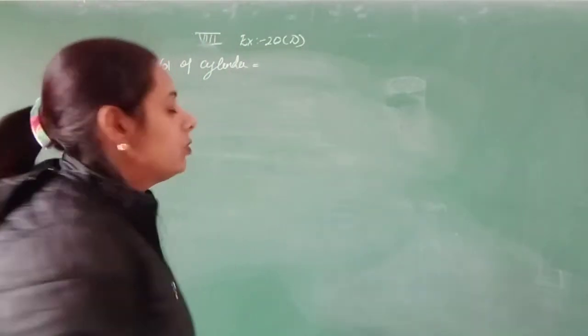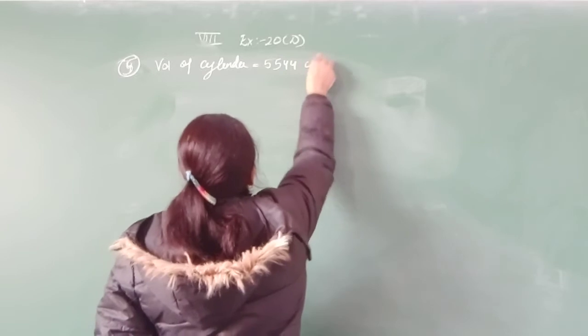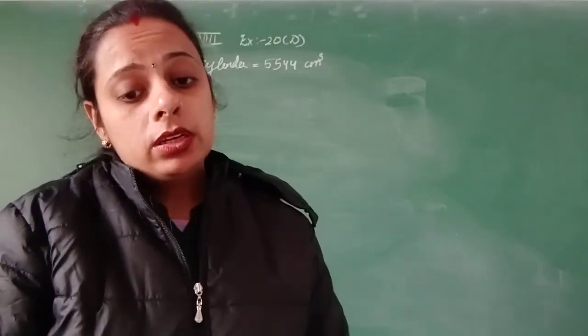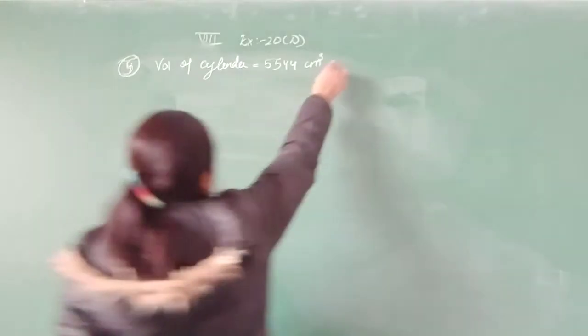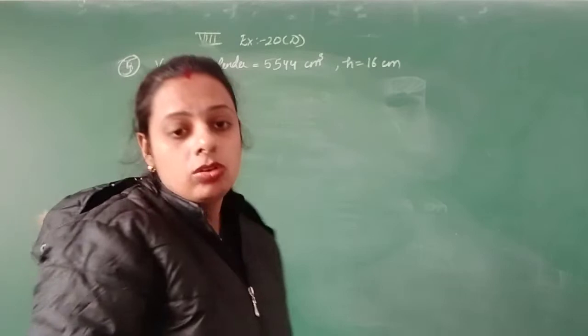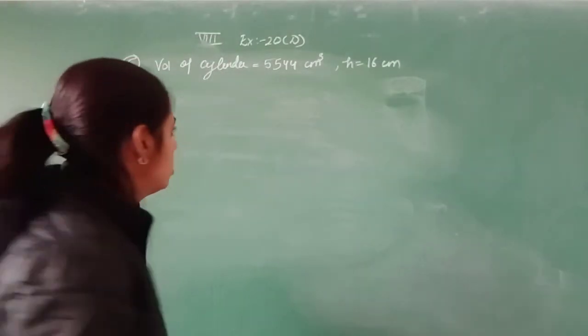The value of this is 5544 centimeter cube. Okay, and the height is 16 centimeter. You have to find the radius and curved surface area.